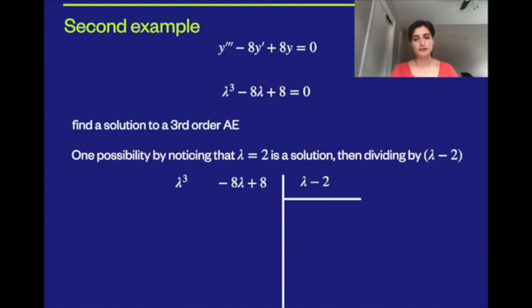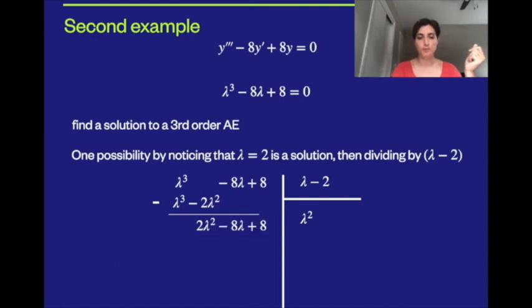You can see how many times lambda minus 2 fits into lambda to the third minus 8 lambda plus 8. And you start by noticing that in order to get rid of the highest term, you need to multiply it by lambda squared. So here you have minus the polynomial lambda cubed minus 2 lambda squared.